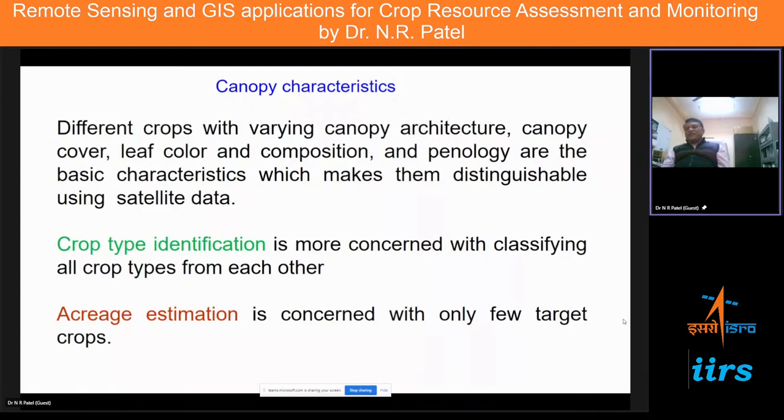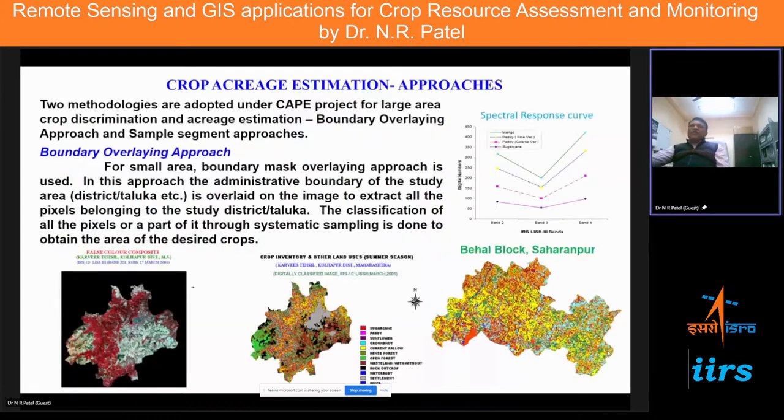So here you see one example with the boundary overlaying approach, because there are two approaches which have been used for classifying different crops. One is the boundary overlaying approach, another is the stratified sample segment approach.